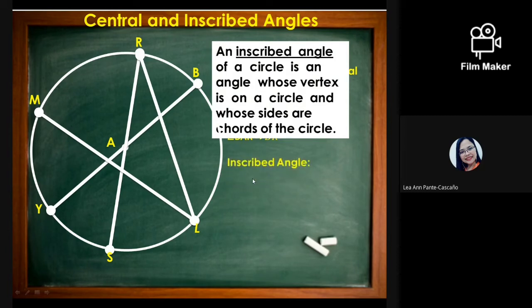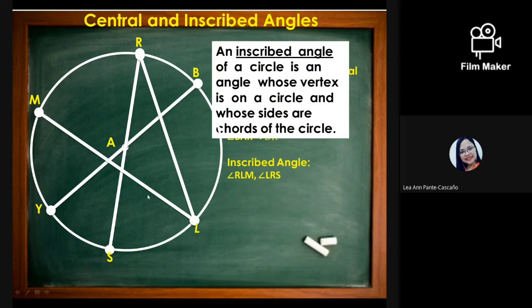So, these are the list of an inscribed angle. We have 2 inscribed angles here. We have the angle RLM. Tingnan nga po natin if this vertex, yung nasa gitna letter, it pertains to the vertex. Ibig sabihin, ang vertex mo is L. Check nga natin, ang point L po ay nasa circle mismo.